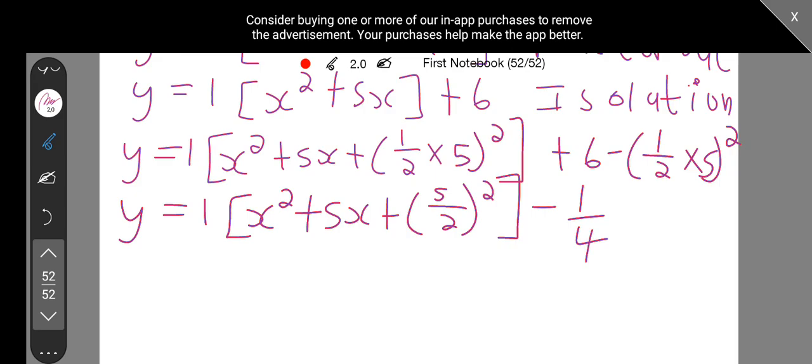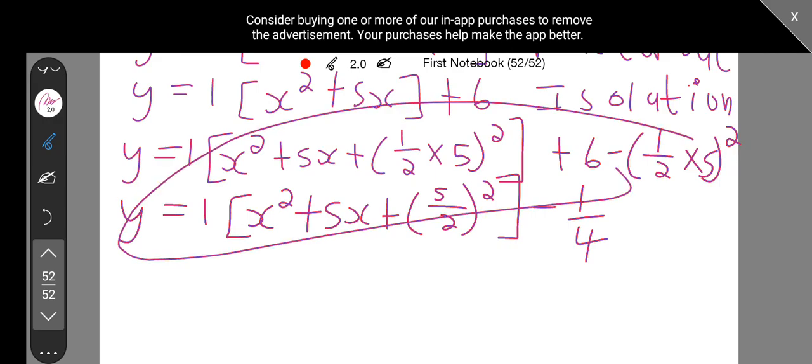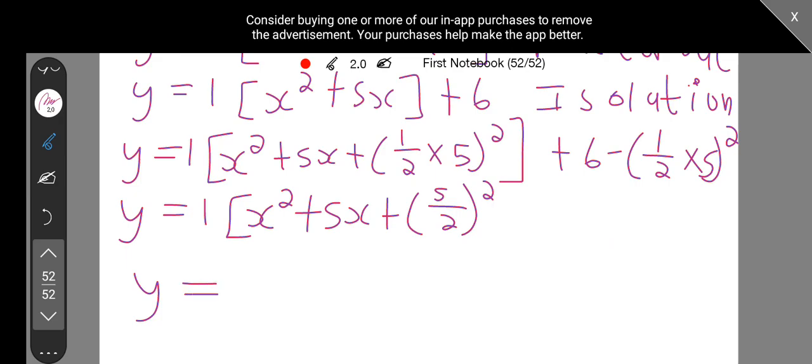Okay, so what we're going to do in the next step is not so difficult. Sorry for that. That's going to be minus 1 over 4.